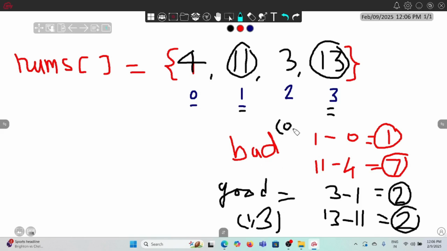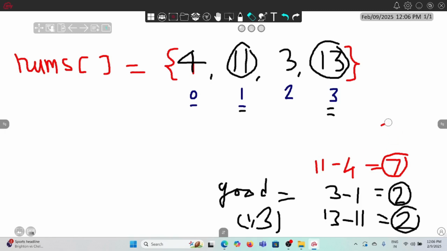So what we have to do is find the total number of bad pairs in a given array. The next thing is how to find that, and that is the important thing. At any index, if we find the total number of good pairs, then the index minus the number of good pairs will give us the total number of bad pairs.